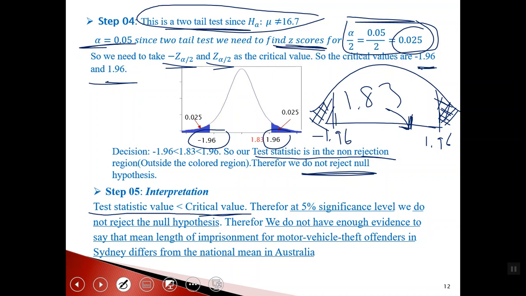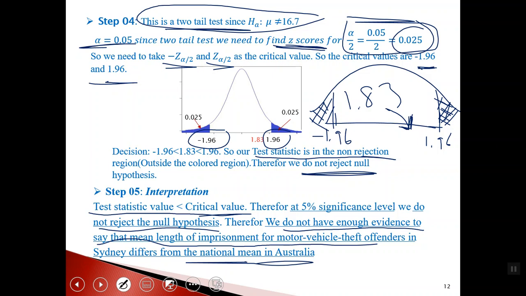So at the 5% significance level, we do not reject the null hypothesis, which means we do not have enough evidence to support your alternative hypothesis. What is that? Length of imprisonment for motor vehicle theft offenders in Australia.